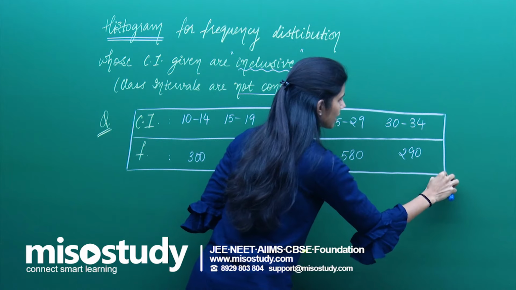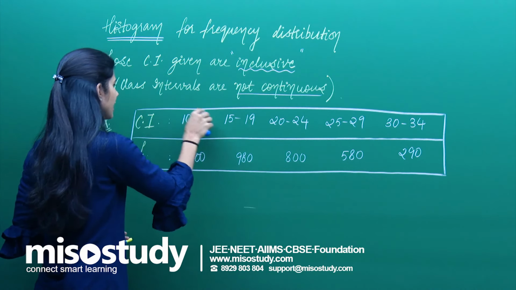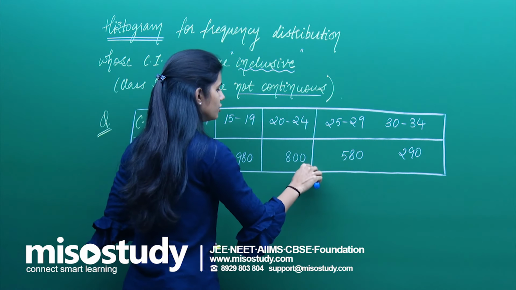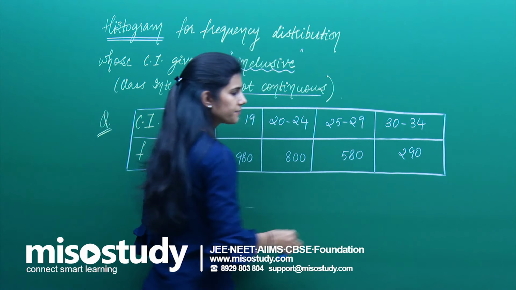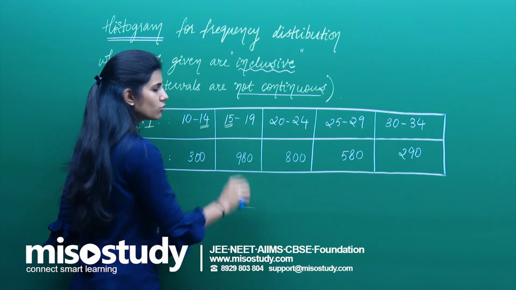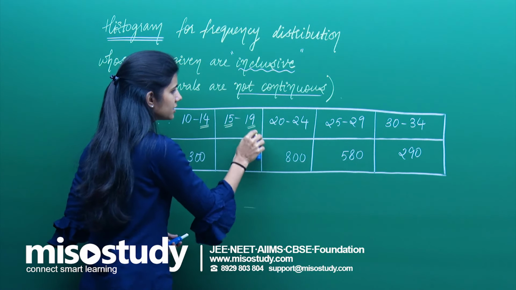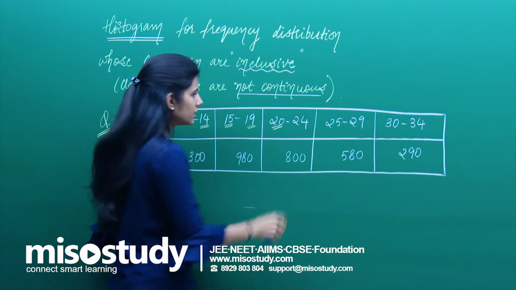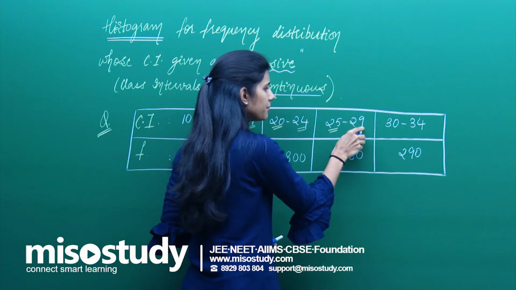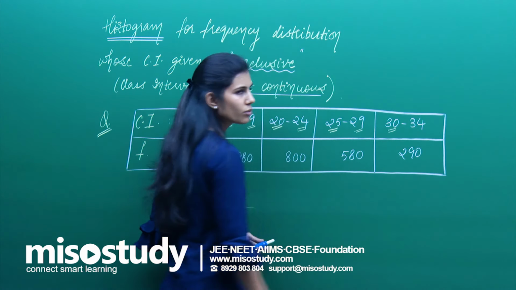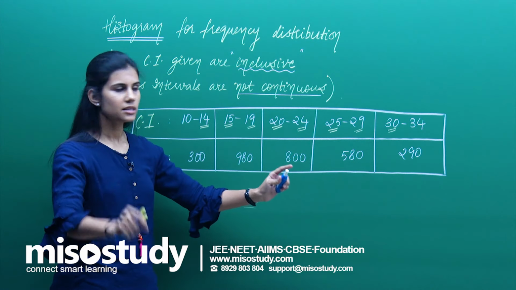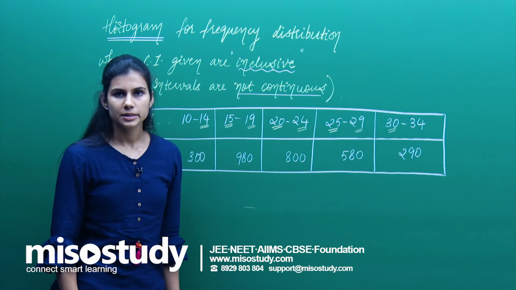And in here, the class intervals that you can see are clearly discontinuous, right? So how to tackle such a problem? You can see that the upper limit of this class interval is not equal to lower of the other. Upper limit here is not equal to the next lower. Upper limit here is not equal to the next class interval's lower limit. Again, upper limit of this class interval is not equal to the lower limit of the next. So this is a discontinuous case, but the fact is that each class interval is of the same size.